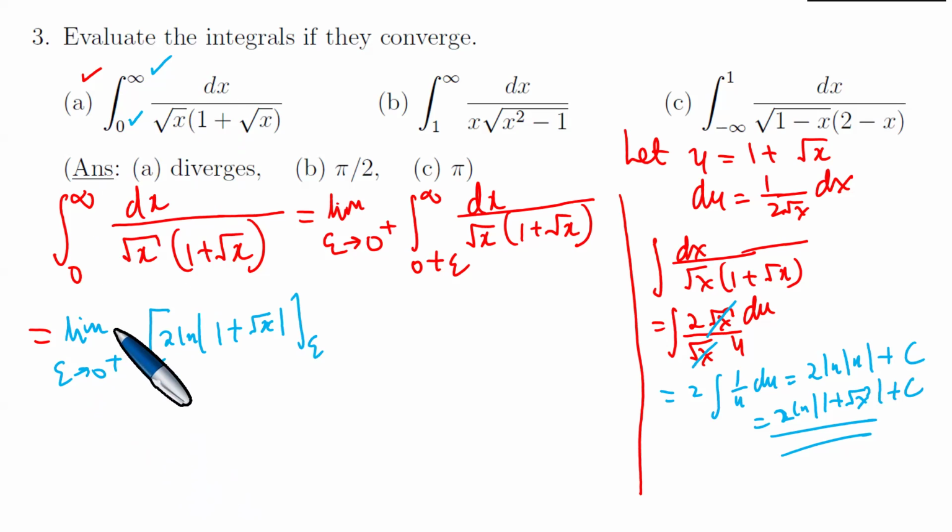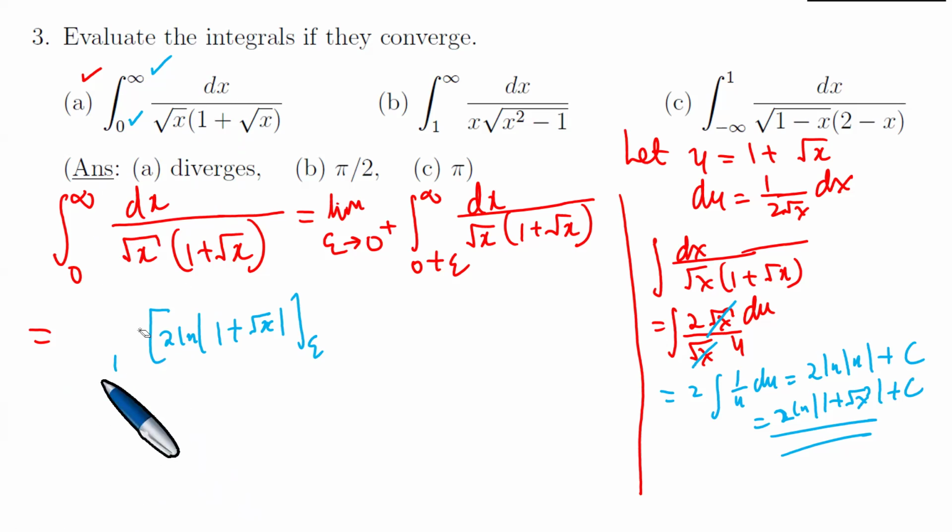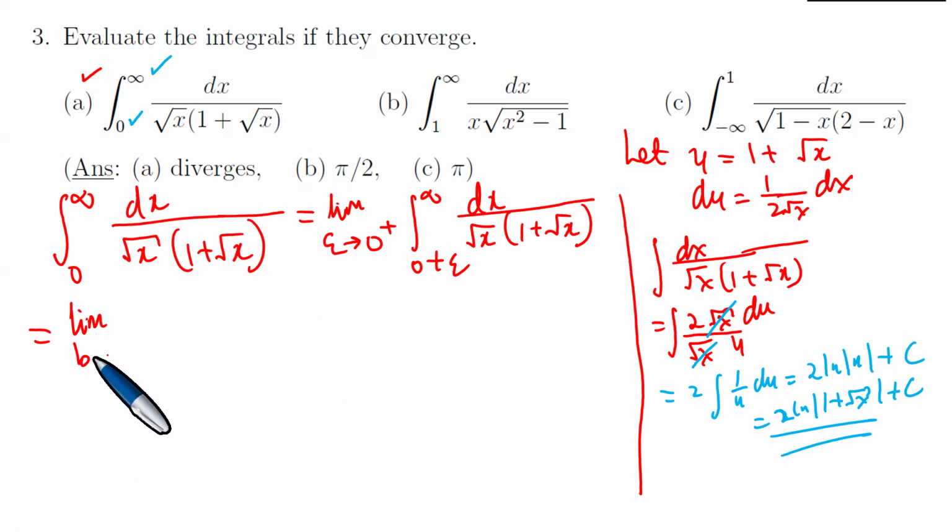And therefore, it means that you need to take all these into account. So you need, in essence, to involve 2 limits. And so what we then need to do is involve the limit as b approaches infinity of the limit as epsilon approaches 0 from the right.